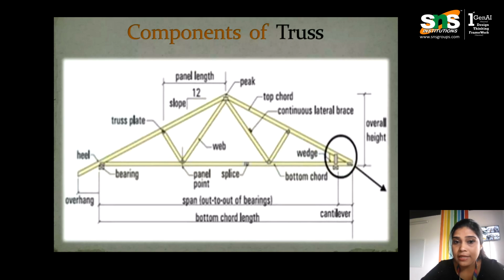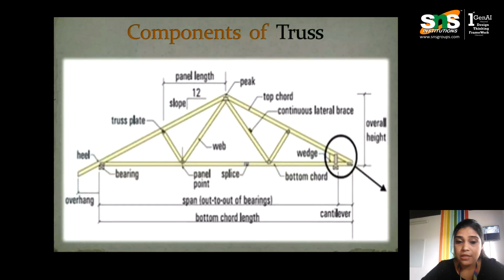Next is the heel, the point where the top and bottom chords connect at the support. Next are bearings, the structural support where the truss sits on a wall or beam.